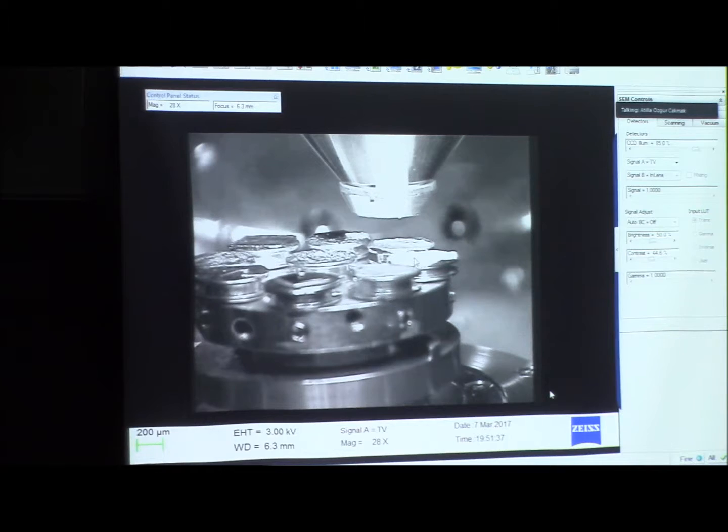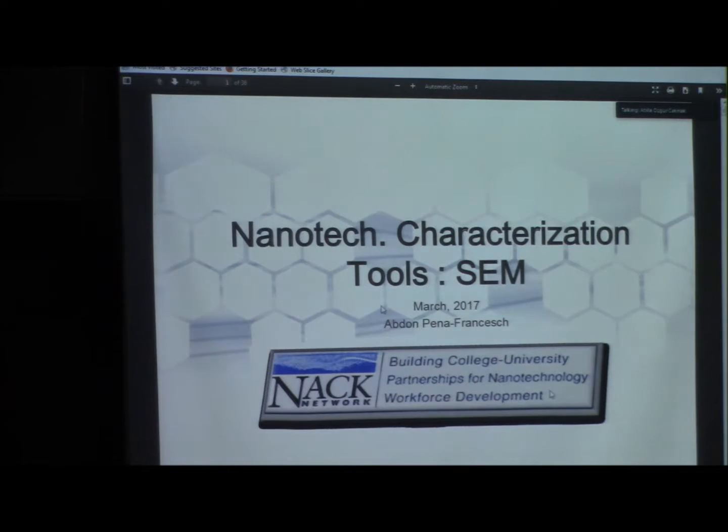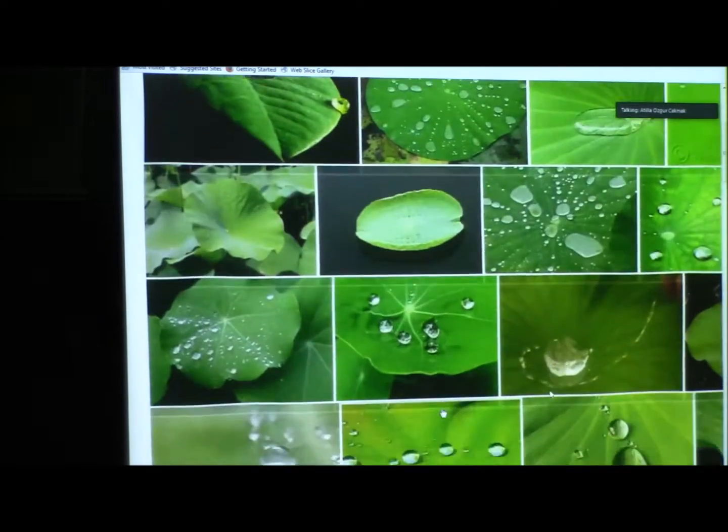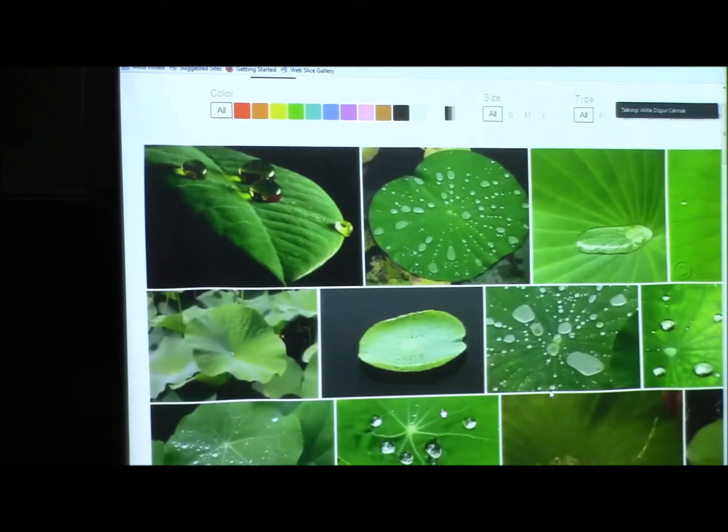Okay, so this sample that we have here is a lotus leaf. I don't know if you guys have noticed that, but lotus leaves are very hydrophobic. It's a mechanism they have to clean themselves, right?